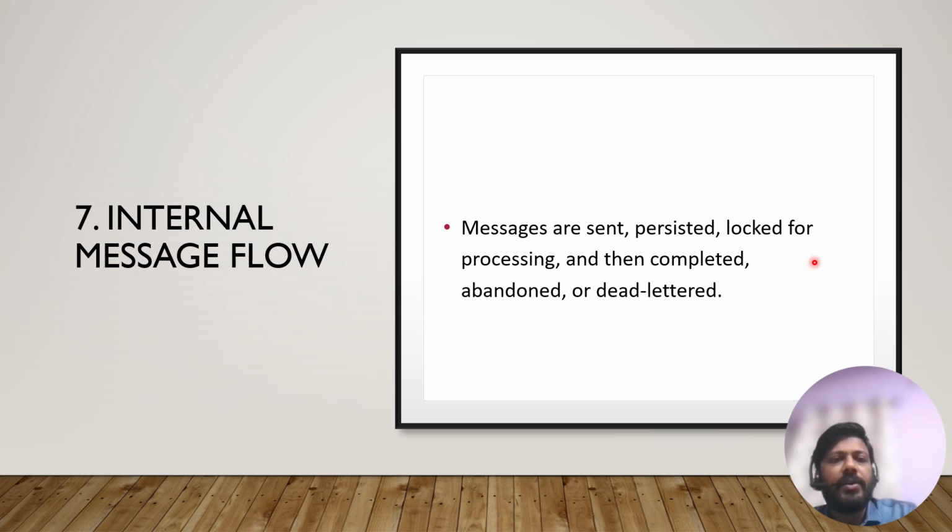The consumer must explicitly complete the message after successful processing. If processing fails, the message can be retried or moved to the dead letter queue. This ensures reliable delivery. The dead letter queue is where your messages are saved, which are then later processed and sent to be retried.